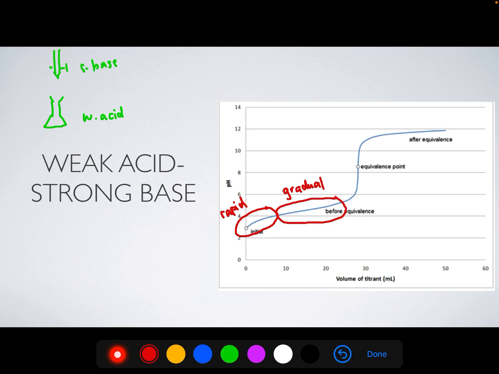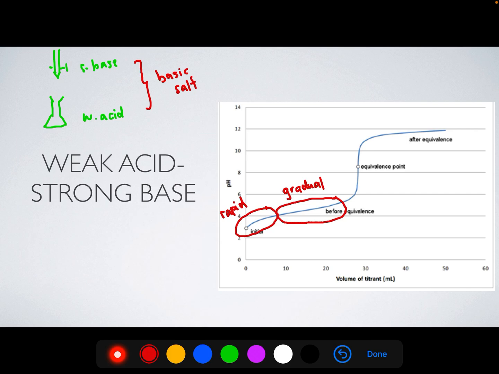However, as more strong base is added and more acid have been neutralized, kita juga akan hasilkan garam yang banyak. So garam yang terhasil between strong acid and weak base punya titration is a basic salt. Okay, yang akan terhasil nanti ialah basic salt.